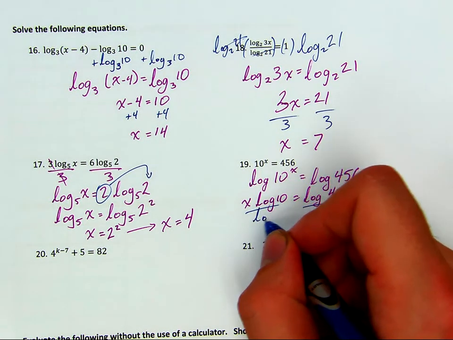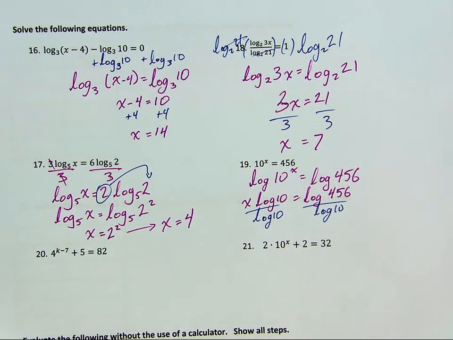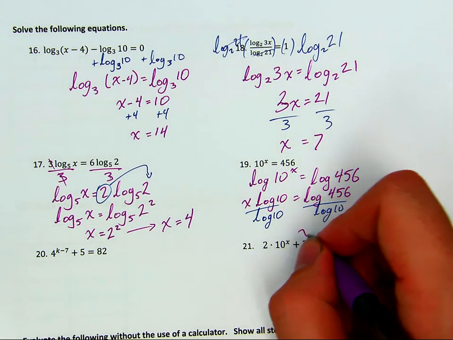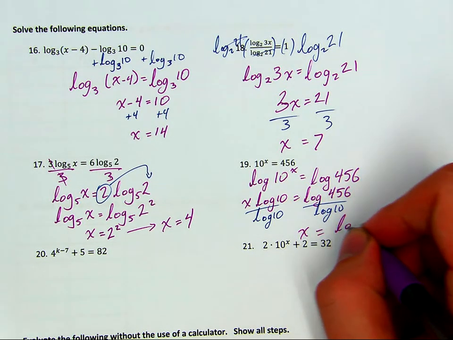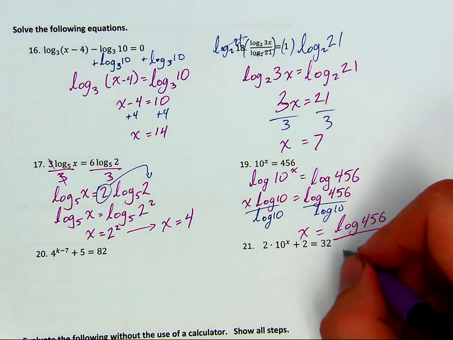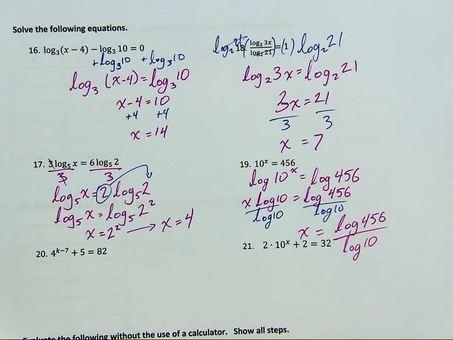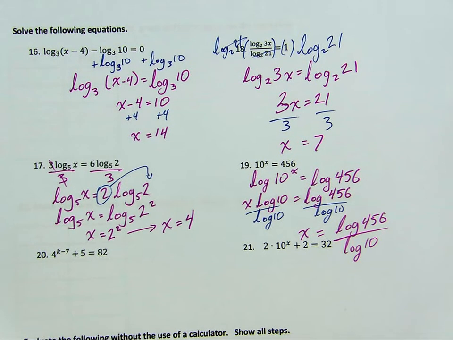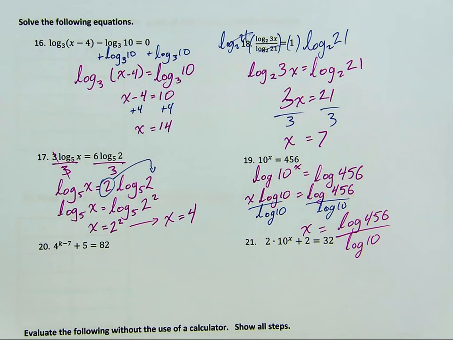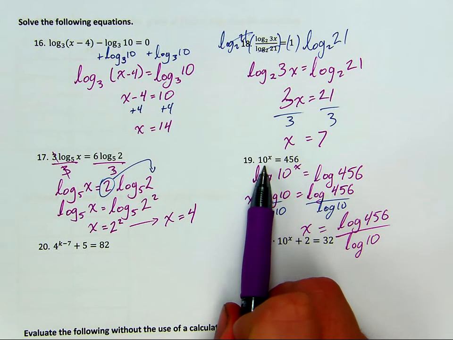And we end up with x equals the log of 456 over log of 10. Now, with number 19, notice where our variable is. Our variable is the exponent, and that's attached to the base. So when it came to solving for number 19, we were really focused on that 10 to the power x.